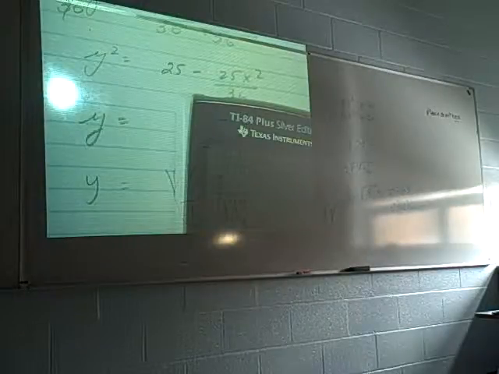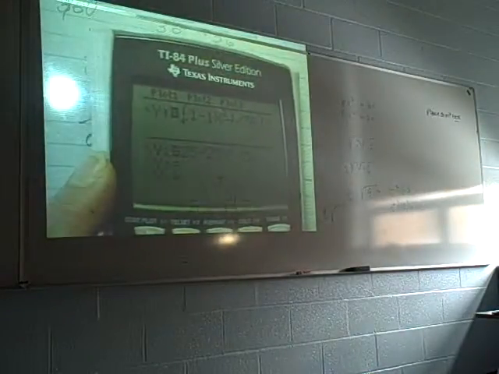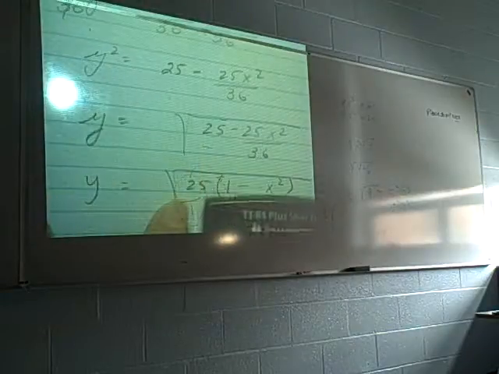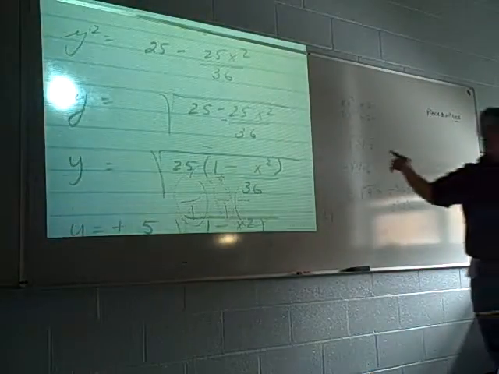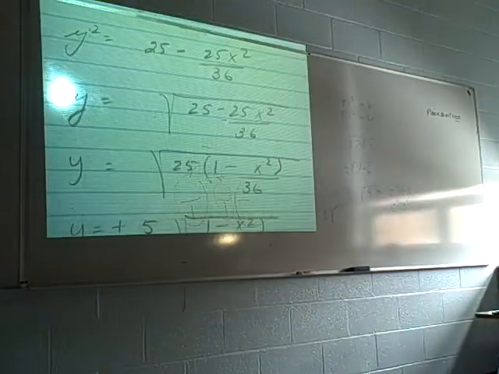Would you agree with that? Yes. That's first, and then what has to be in front of that? You need to enter more things. You don't have the whole thing.